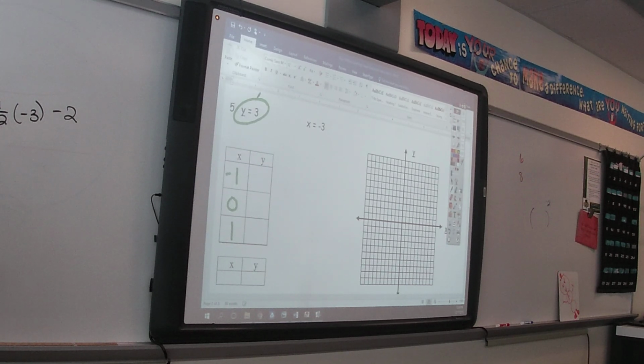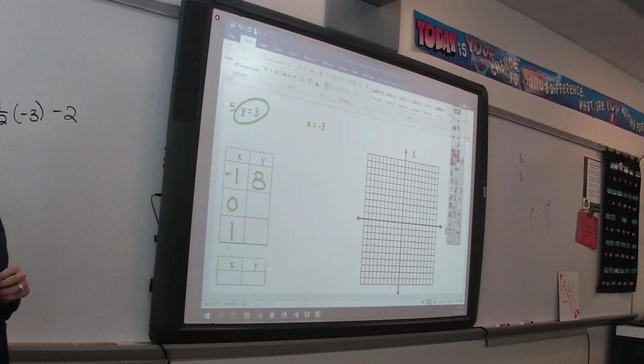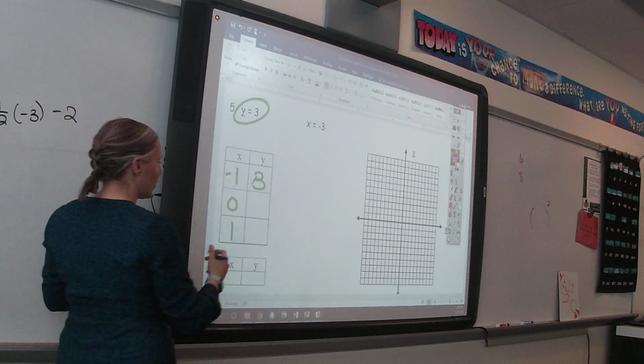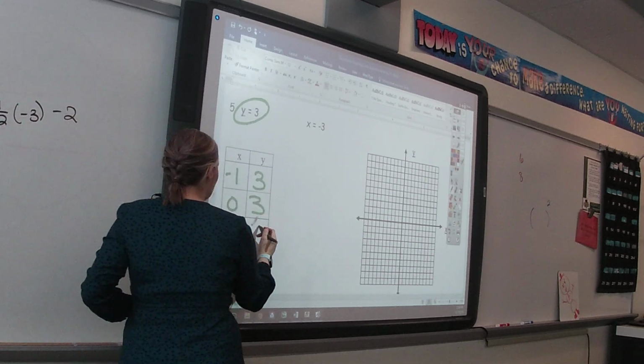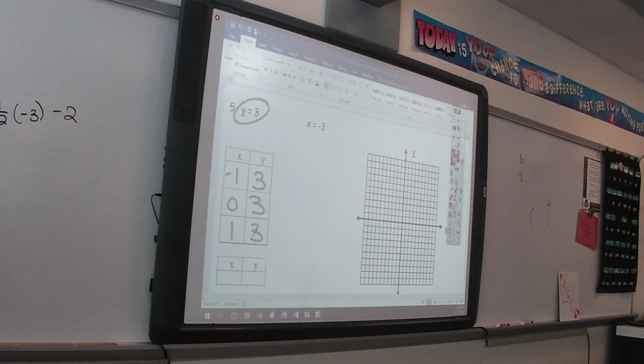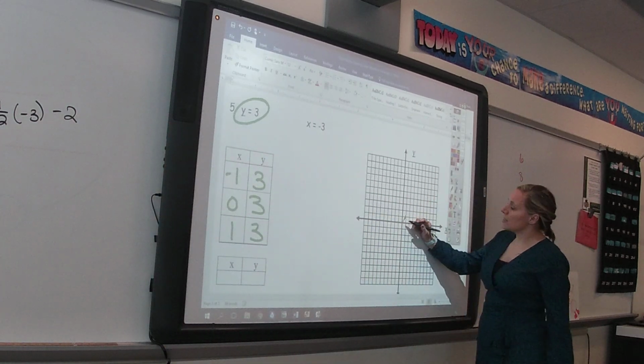There's nowhere to plug in -1, is there? So when I plug in -1, what is y going to equal? 3. When I plug in 0, what is y going to equal? 3. When I plug in 1, what is y going to equal? 3. When I plug in 1,578,000, what is y going to equal? 3.